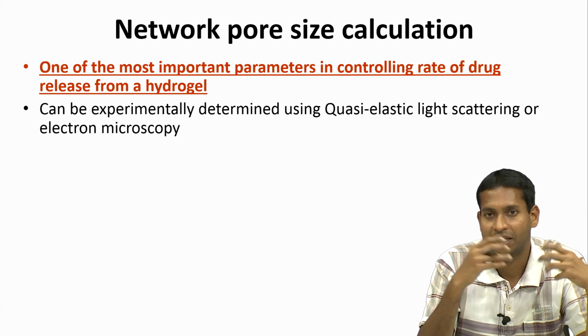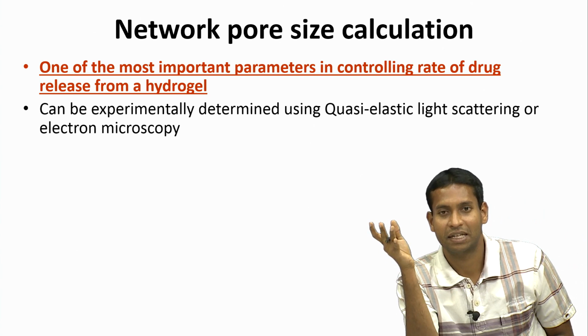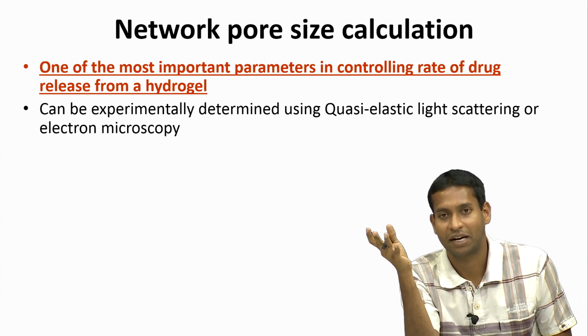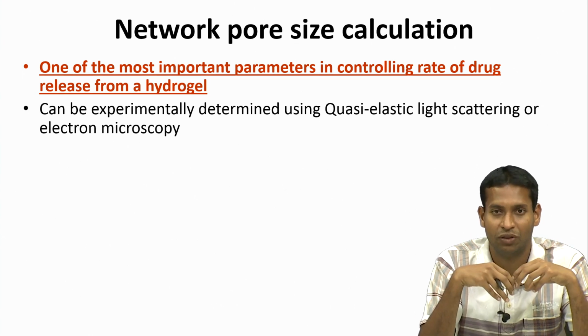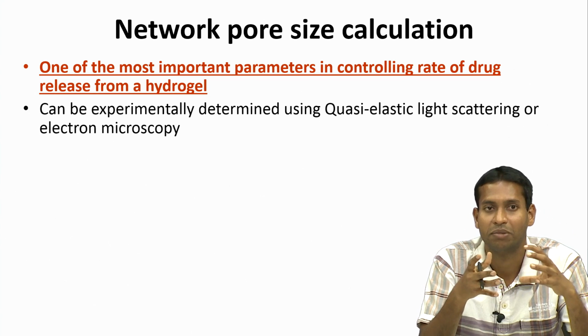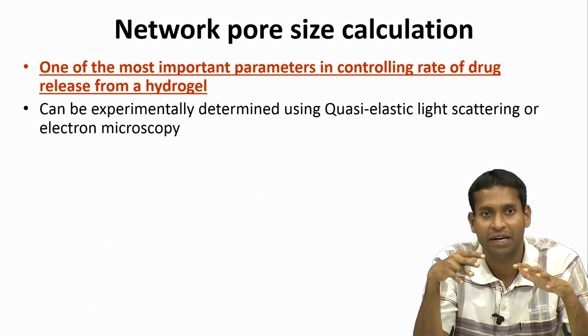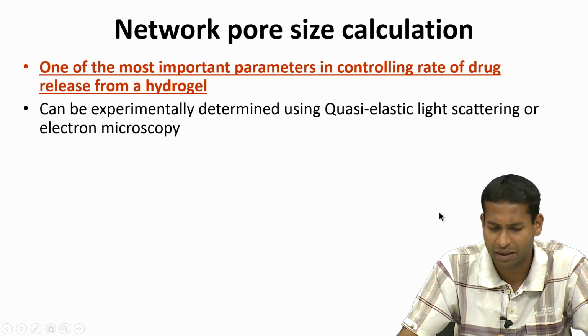So that is one of the most important parameters we have to define. I can't really deliver a drug which is 50 nanometer in diameter through a hydrogel that only has pores of 10 nanometer, because those drug molecules will not be able to even physically come out of the hydrogel.